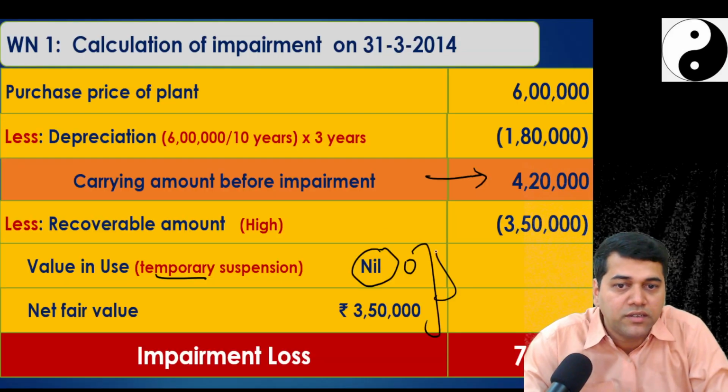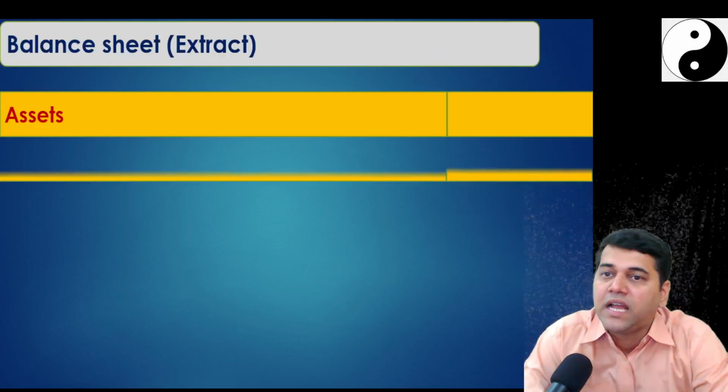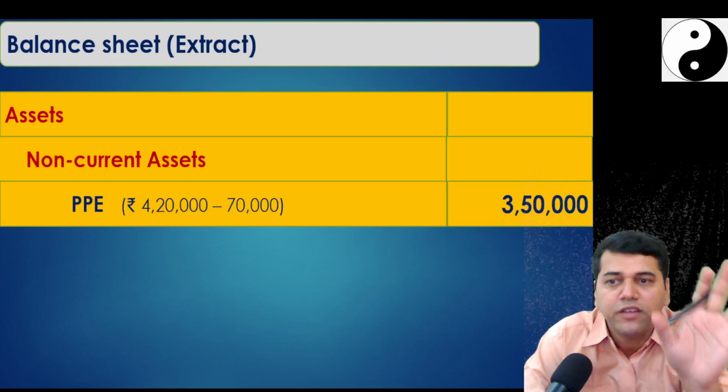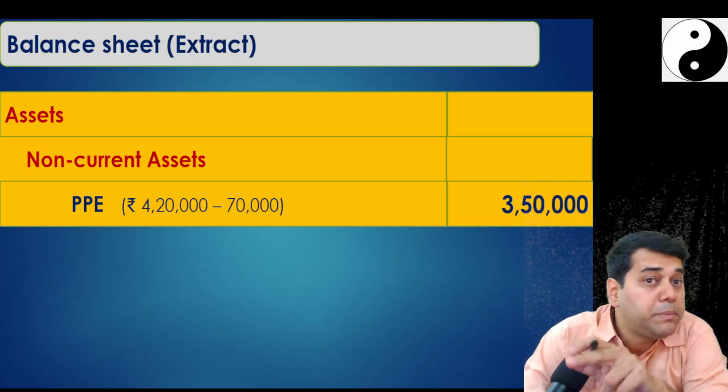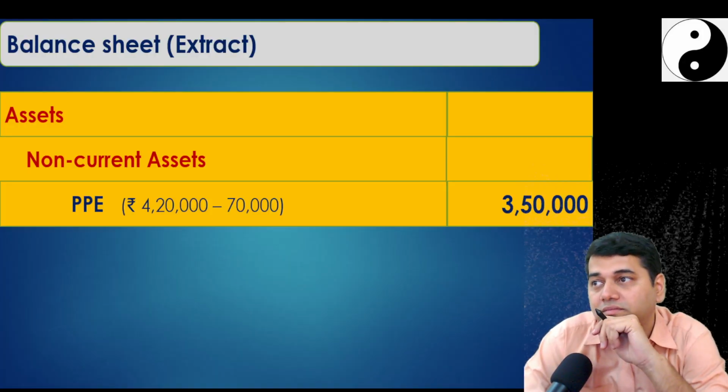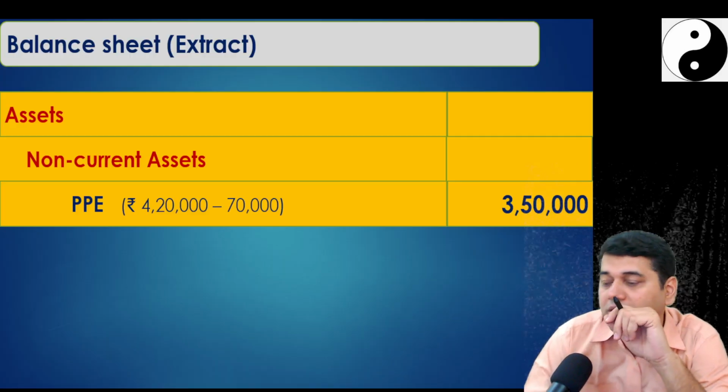Whichever is higher is the recoverable amount. 70,000 you could have charged, and the presentation would be the same, 3,50,000 only, but as PPE, not as held for sale. Have you understood in detail?